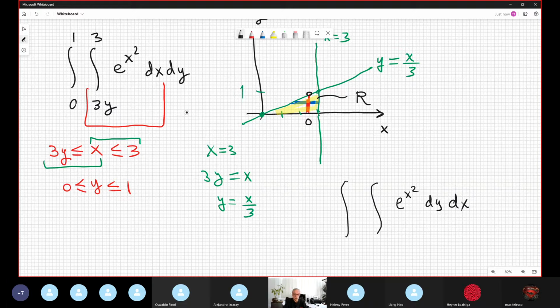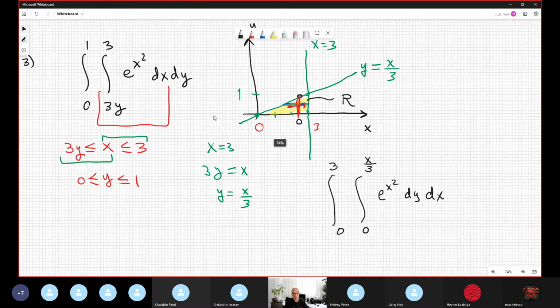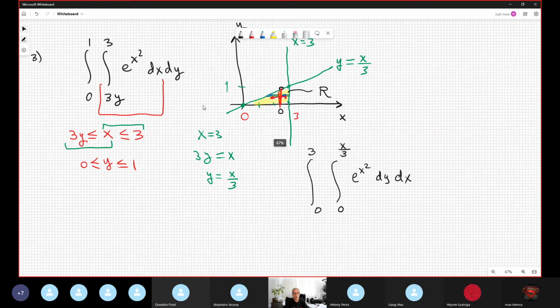It's easy because 0 is 0 and the y of the line is x over 3. I did before, I isolate the y. Okay, now when you extend the red part to this direction and this direction, so you open the window horizontally, now I go from 0 to 3, no? To 3, excellent. Entonces from 0 to 3. And this integral is the same, so it has the same answer. The orientation is different, however, the answer is the same. Cool?